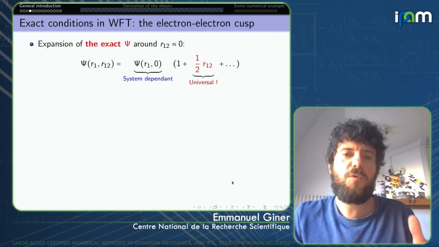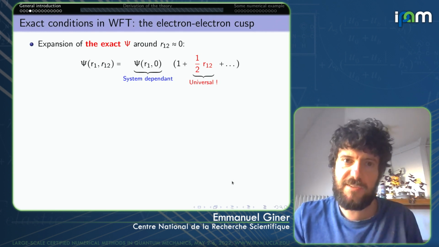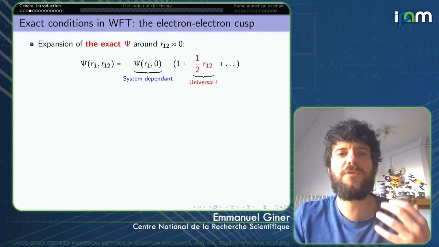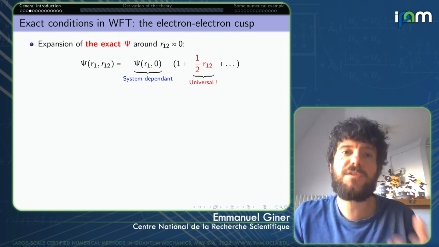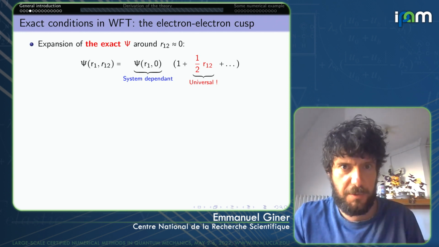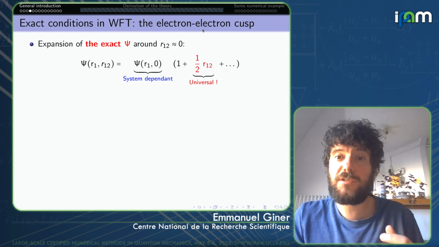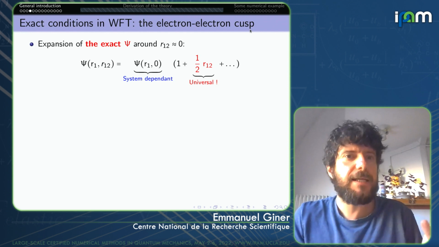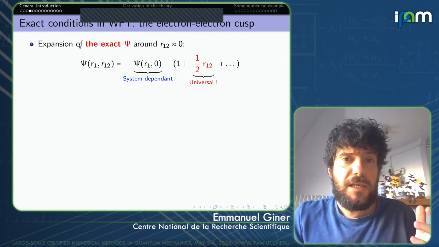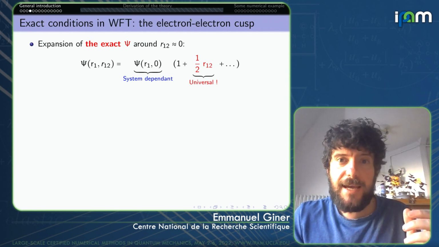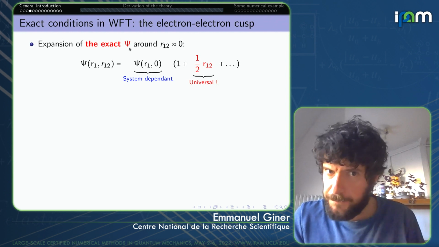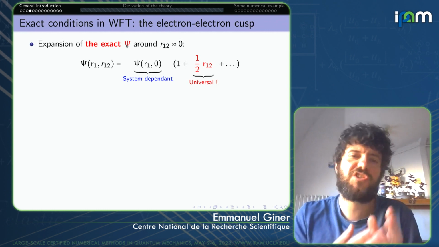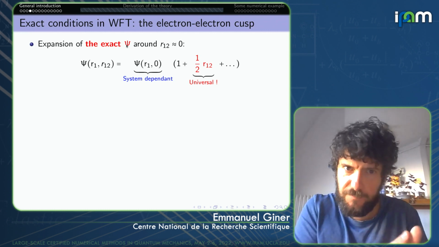So now, what is the effect of the basis set on the wave function itself? To understand that, we first have to understand what are the exact conditions that we know in wave function theory, and that's essentially the electron cusp conditions that were derived essentially by Kato in '53. So we know that if you consider an exact wave function, psi, so by exact, we mean a wave function which exactly satisfies the Schrödinger equation, okay?